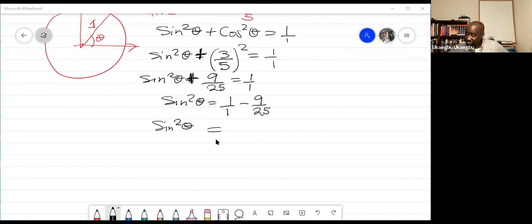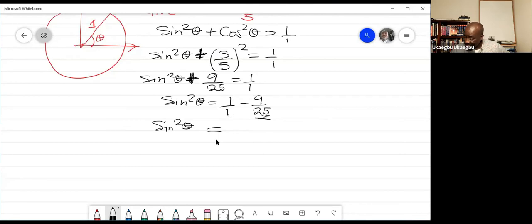Okay, so there is a very easy way of doing this. Because this thing is 1/1, you can just make it any whole number to correspond with the denominator. Anytime you have 1/1, you can change it to the number corresponding to the denominator.